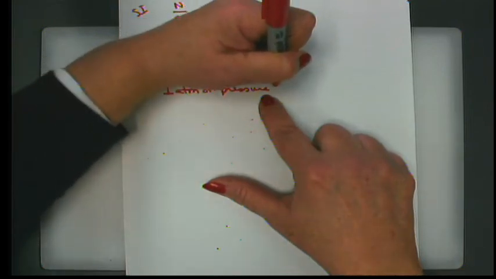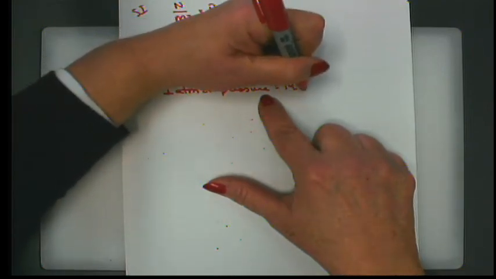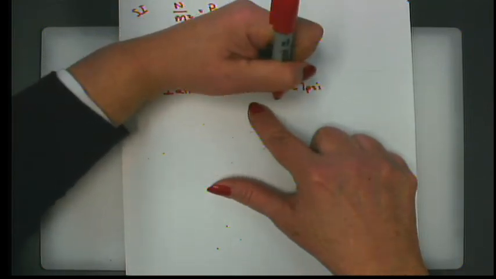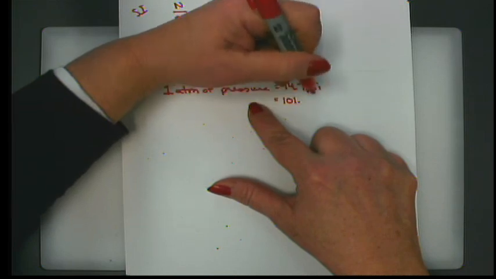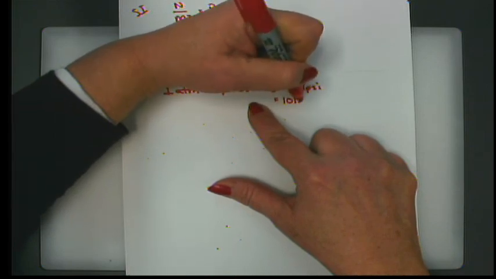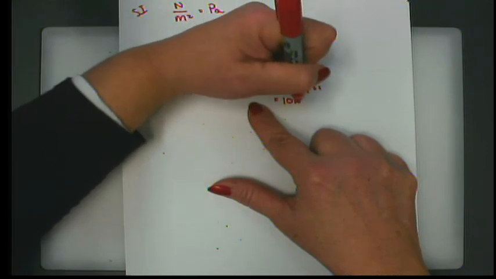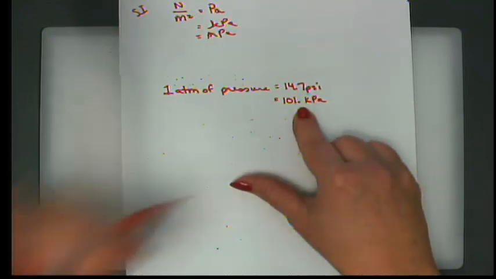So an atmosphere is the same as about 14.7 psi, or about 101,000 pascals, or 101 kPa, kilopascals. So you can see how tiny a Pascal is. There's a zillion other measurements for pressure, they are just all over the place, but they all come down to these sorts of ideas. Okay?